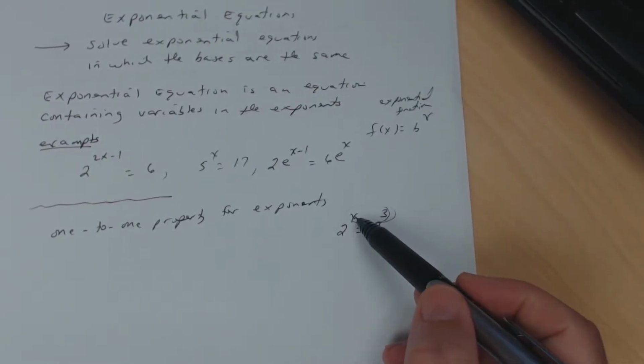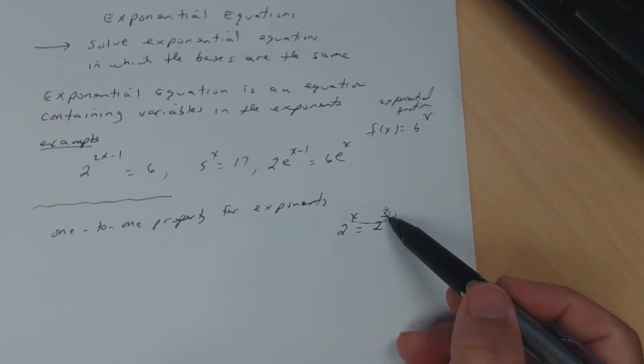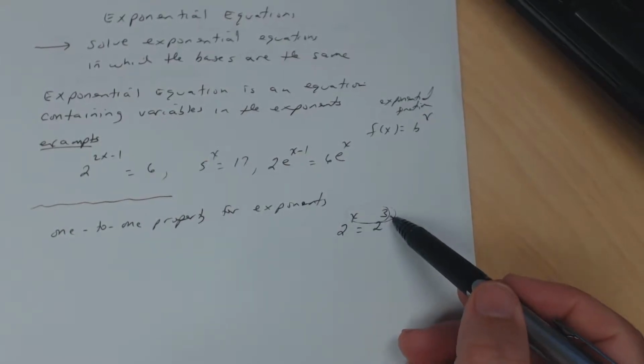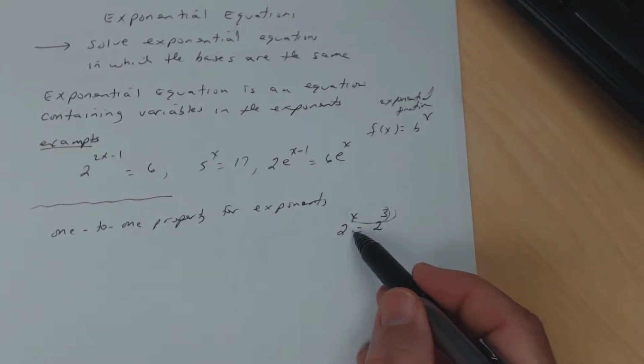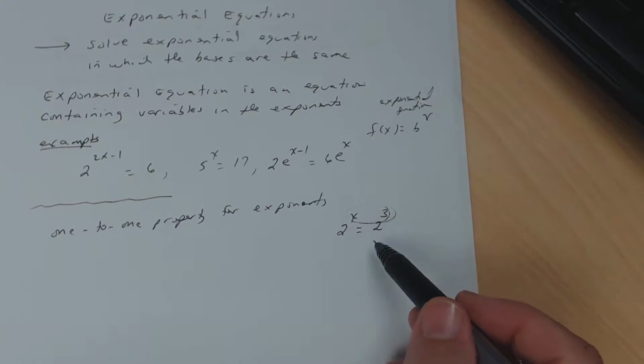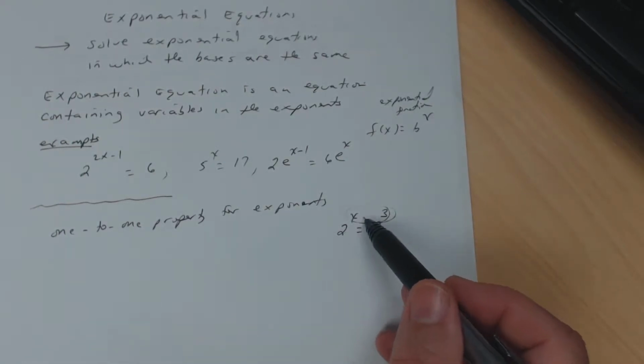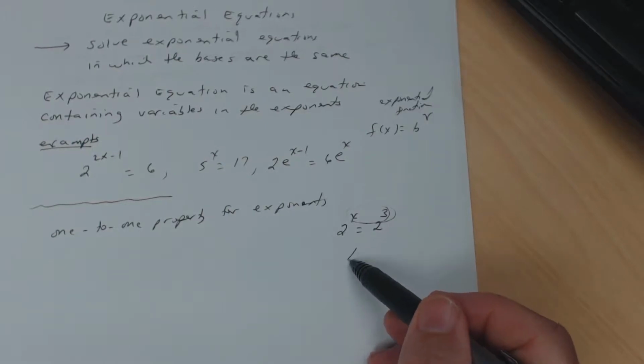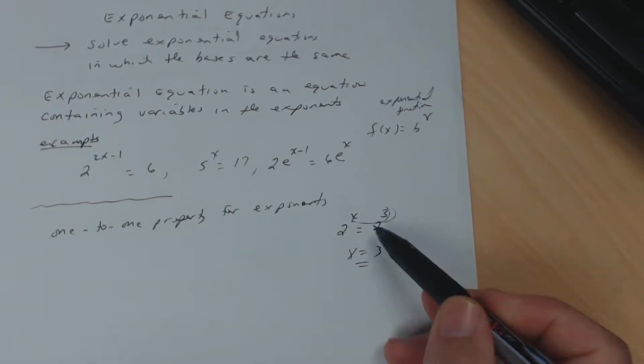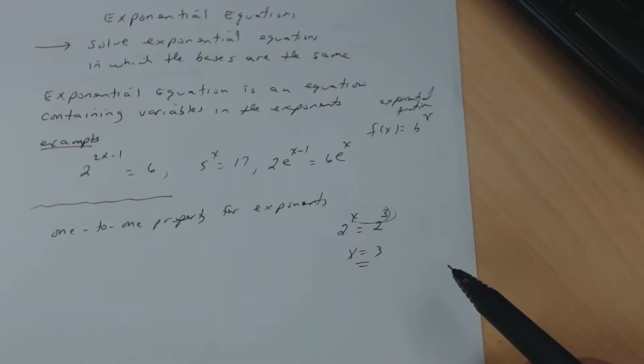This one-to-one property only applies if the bases are the same. So x must equal 3, which makes sense because 2 to the third is equal to 2 to the third.